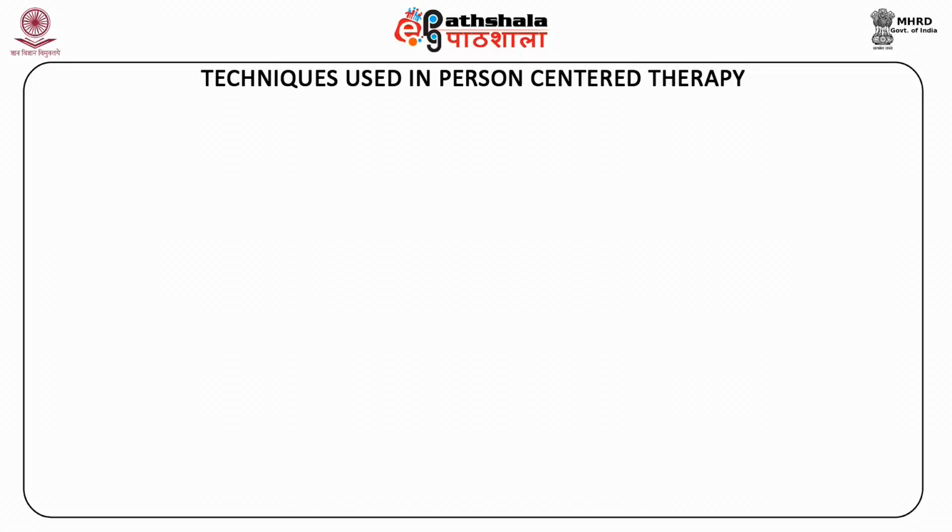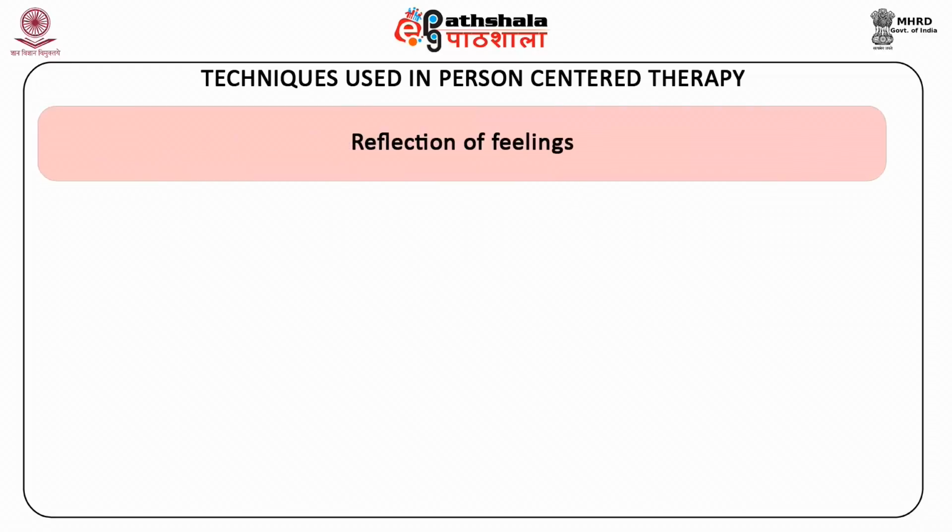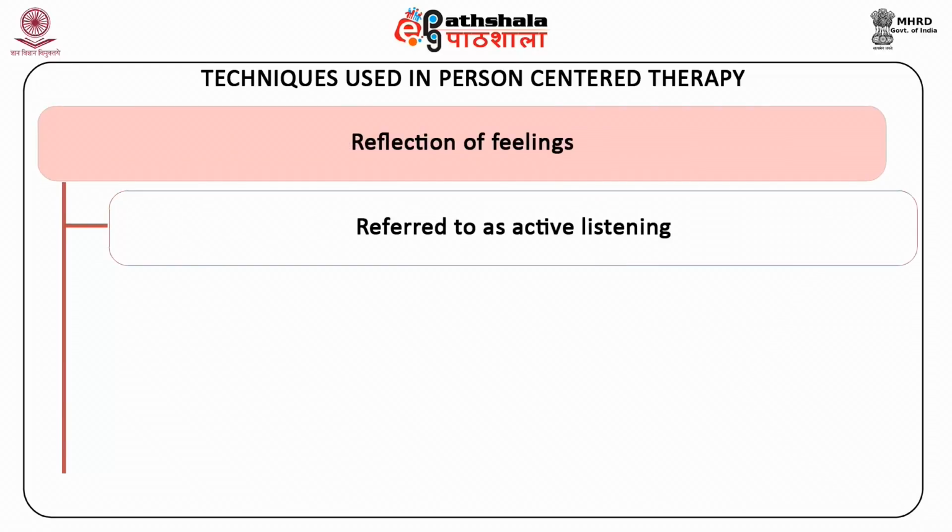Nevertheless, some of the techniques used by person-centered therapists in the counseling relationship are as follows. Reflection of feelings, referred to as active listening, is one of the most used techniques in the person-centered approach.